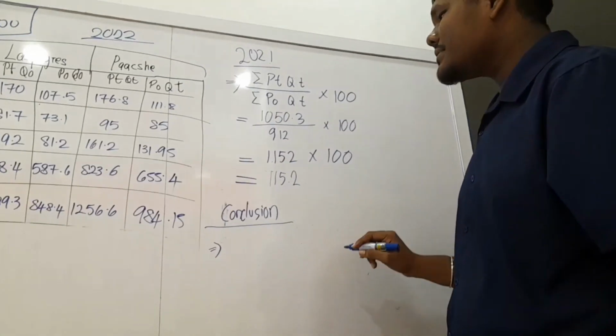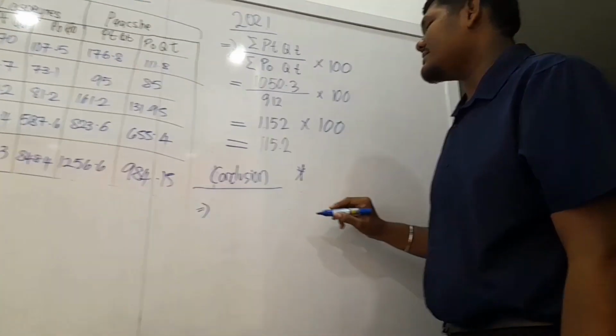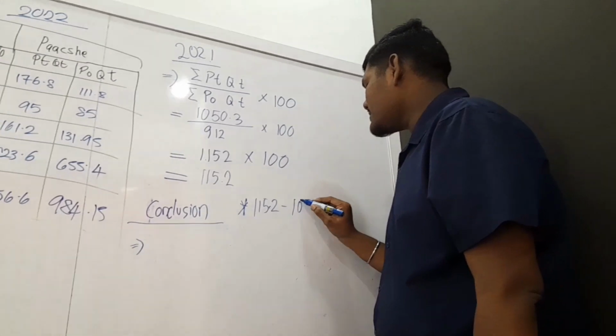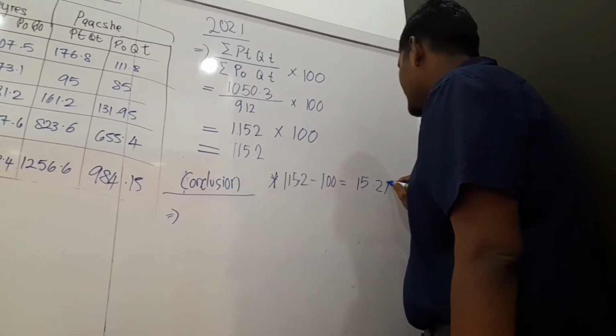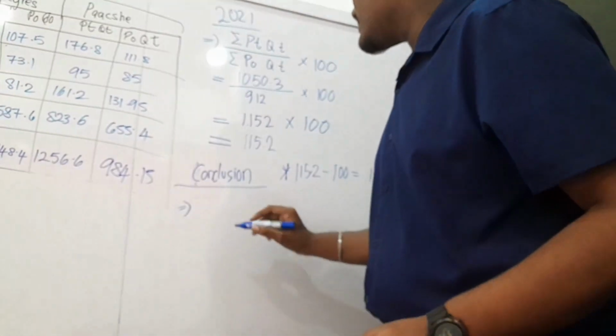Alright, we got the answer. For the conclusion, as usual, we have to change it to percentage, which means 115.2 minus 100 equals 15.2 percent. So now let's do the conclusion.